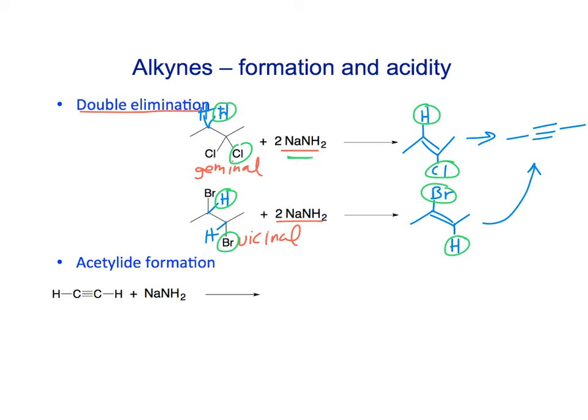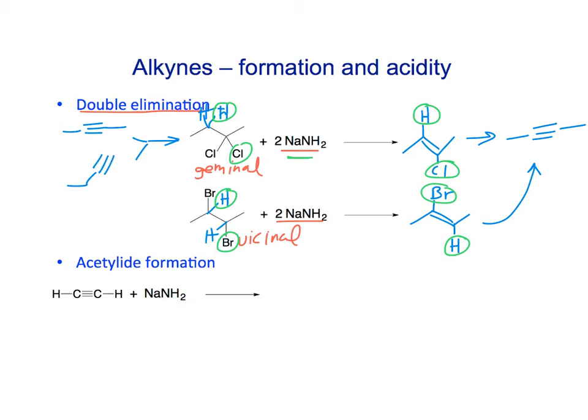So let's step back again. So we have that geminal dihalide. What could we make that from? Well, we could either make it from the same thing that we finished with, which seems kind of ridiculous just to start with something and go back to it, or we could actually make this from the terminal alkyne, right?